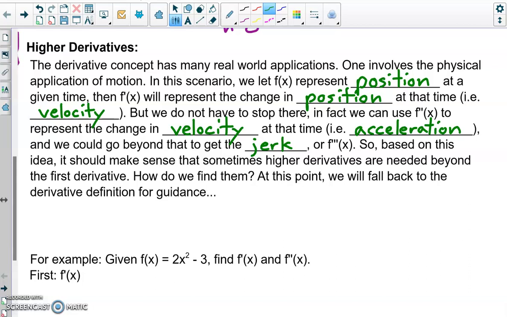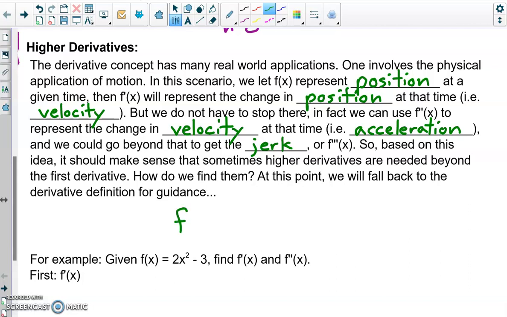So stopping at the first derivative isn't a thing in that scenario. You got to go further. So that's what they mean by higher derivatives. You need second, third, maybe fourth. And in order to get there, we're just going to fall back to the derivative definition for guidance.